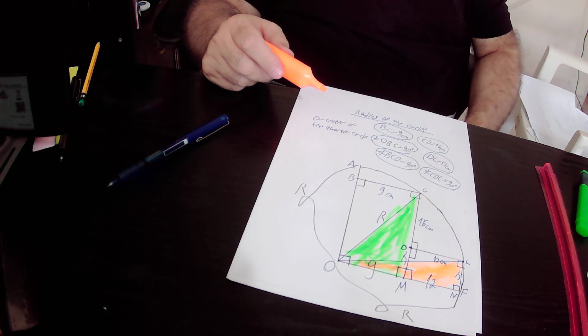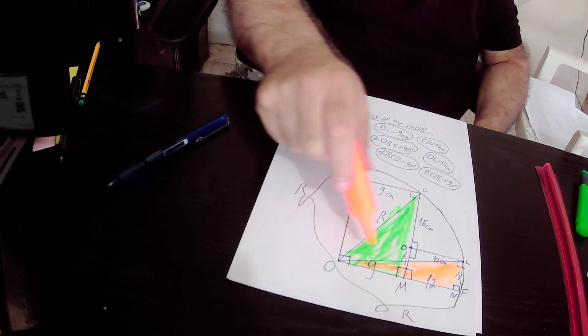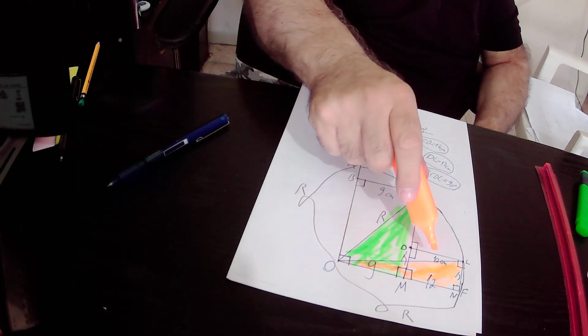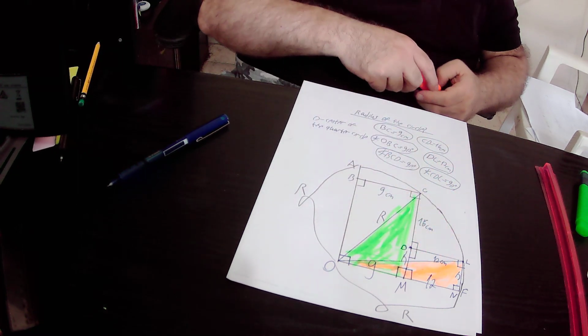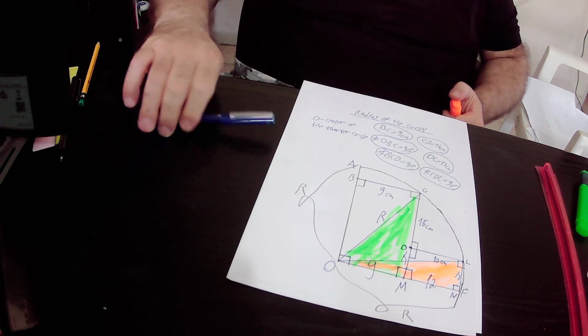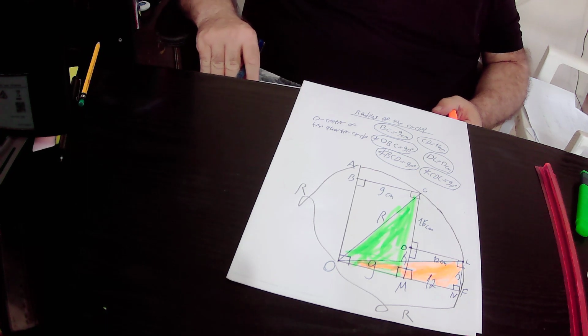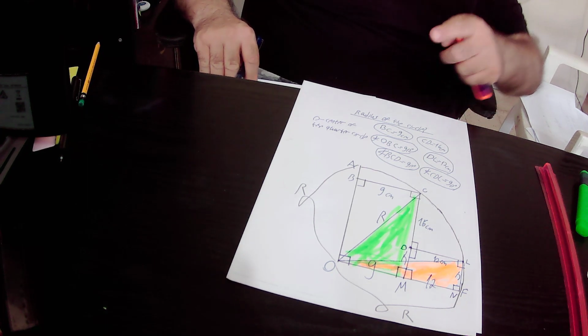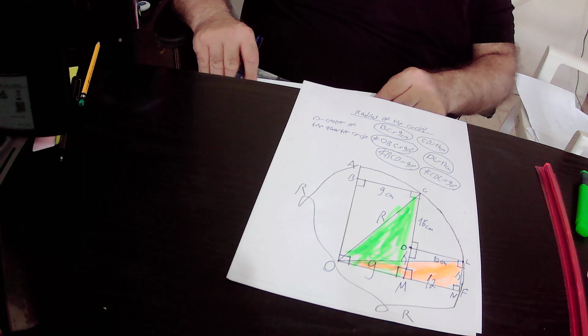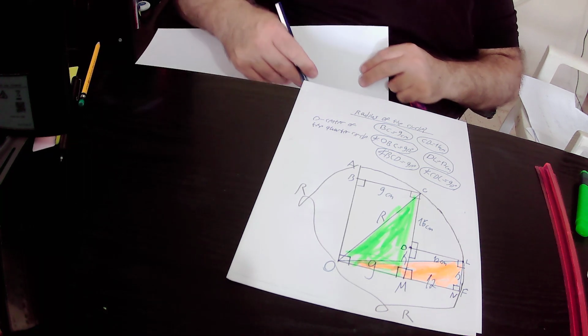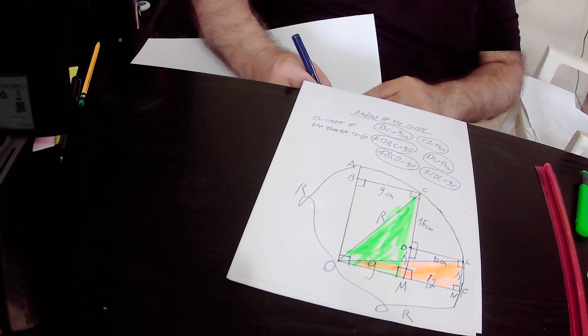Okay, as I've already mentioned before, side ON equals 9 plus 12, that is 21 units. So we'll focus on the right triangle, the orange triangle OLN.